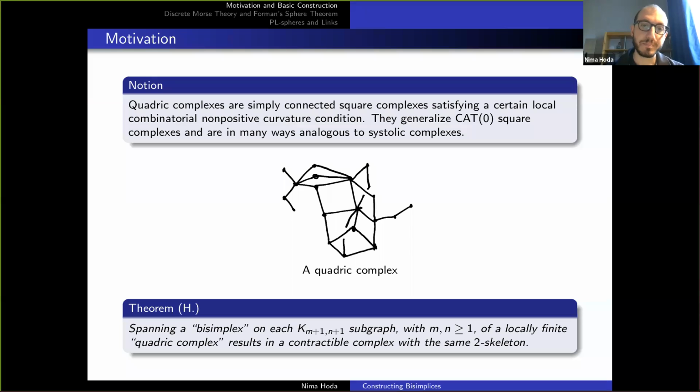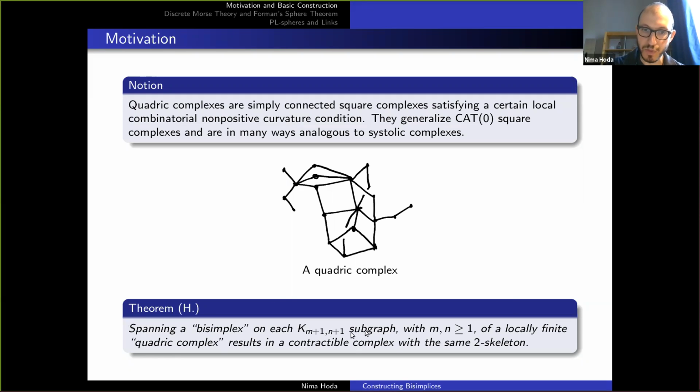I studied these things during my graduate studies, but they're not contractible, and I wanted to make them contractible. I had the feeling that if I could plug a cell wherever there's a complete bipartite subgraph, I would get something that's contractible. That turned out to be the case, but it took a lot of effort to actually construct these cells.